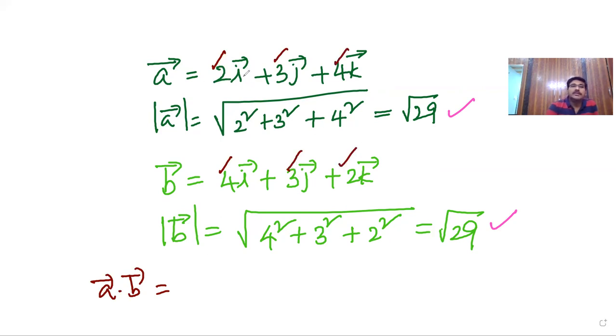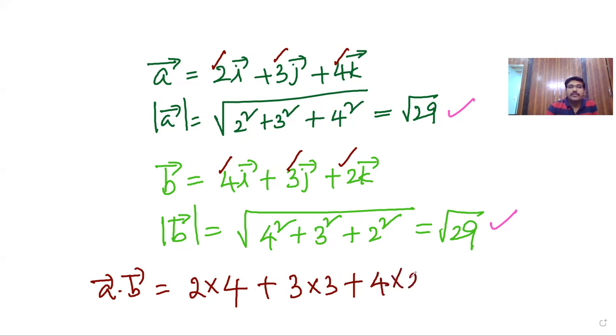Have the clarity, because I bar dot I bar is 1, J bar dot J bar is 1, K bar dot K bar is 1. So what are the leftover multiplications? We have seen these things in the previous class. So 2 into 4 plus 3 into 3 plus 4 into 2.